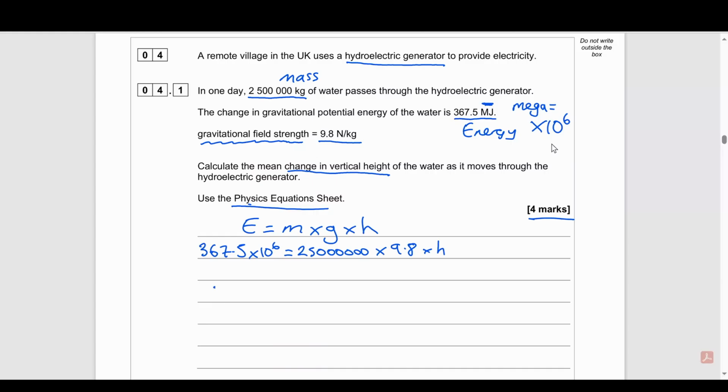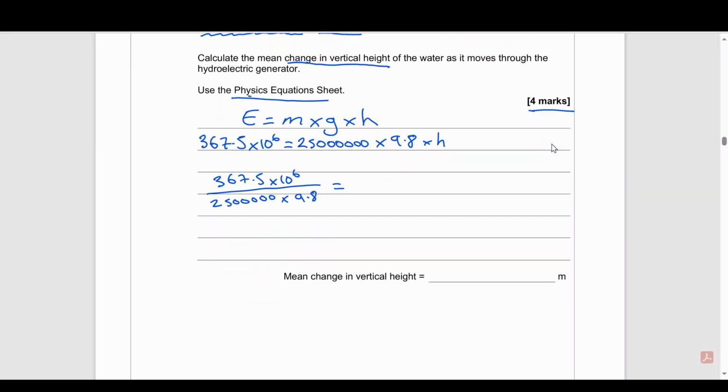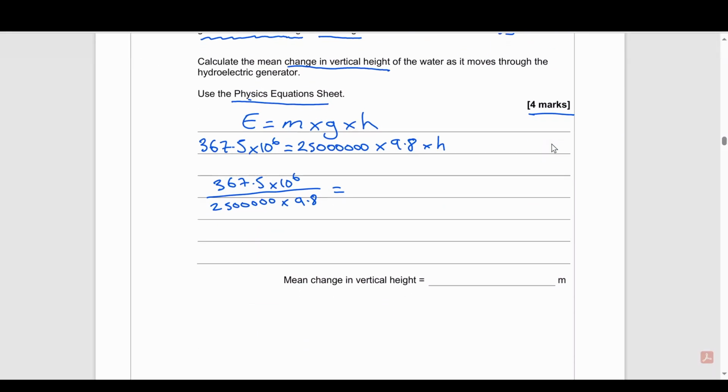So rearranging the equation, 367.5 times 10 to the power 6 divided by 2.5 million multiplied by 9.8. Plugging that into our calculator, it generates a value of 15 meters as our final answer.